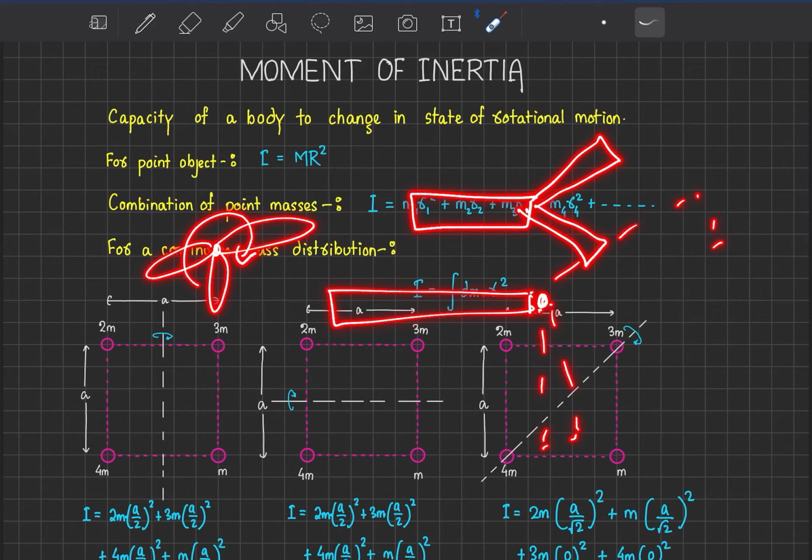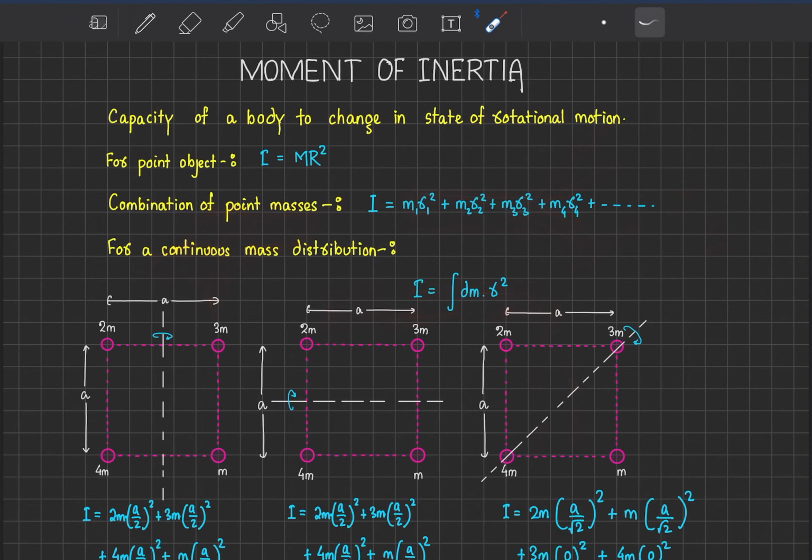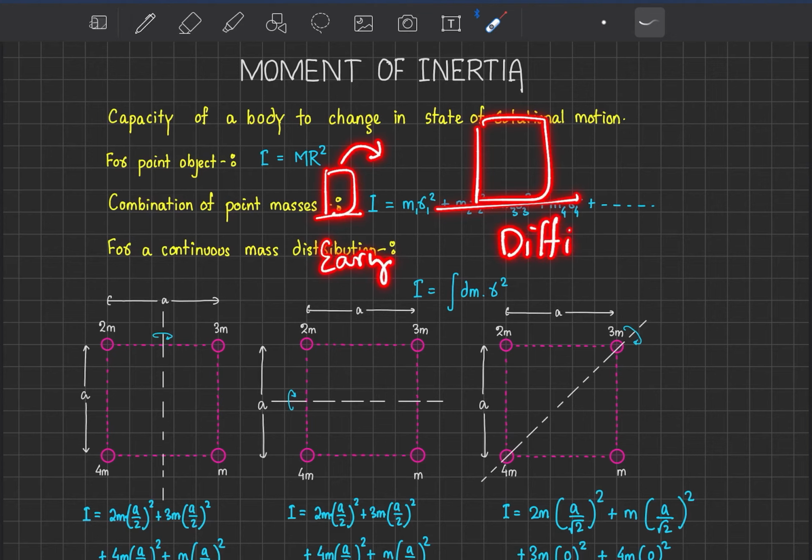So moment of inertia is the term which represents inertia in case of rotational motion, just like mass. If I say a heavier mass, is it easier to move or difficult to move? If two objects are at rest, the object with less mass is easy to move, but a large object is very difficult to move.